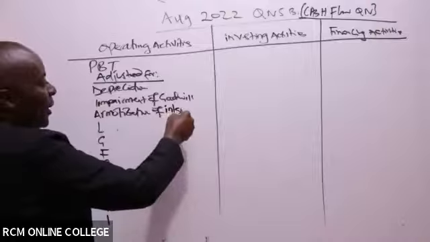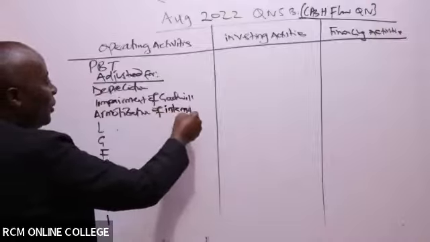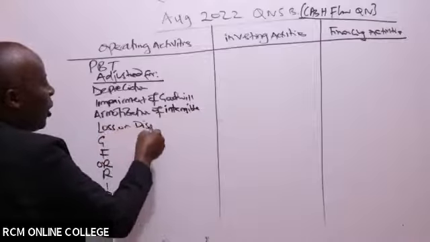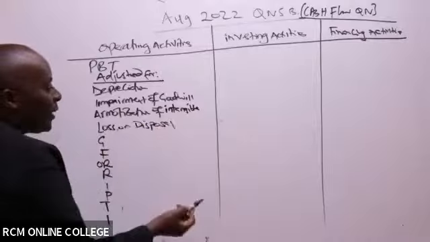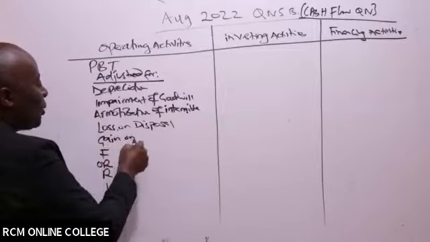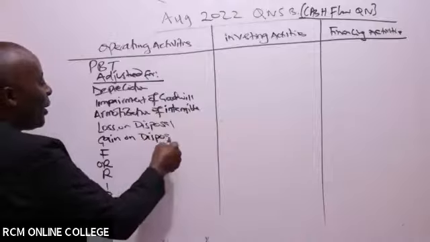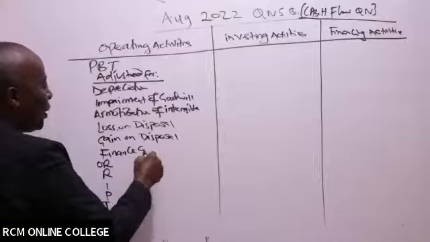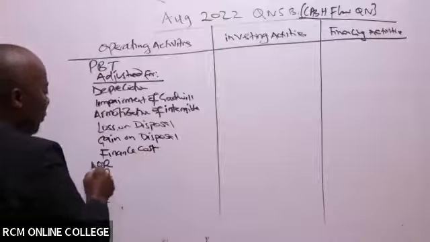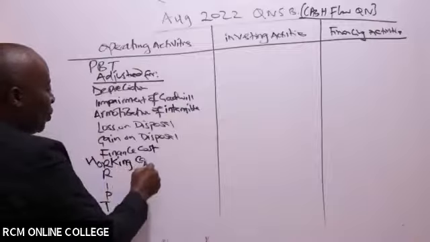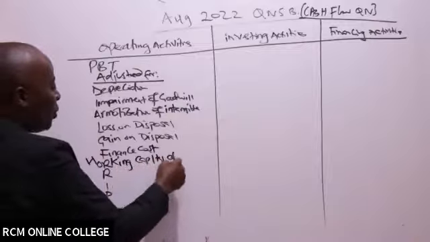We have loss on disposal of assets or subsidiaries, gain on disposal, and finance cost. Then we have what normally stands for working capital changes.